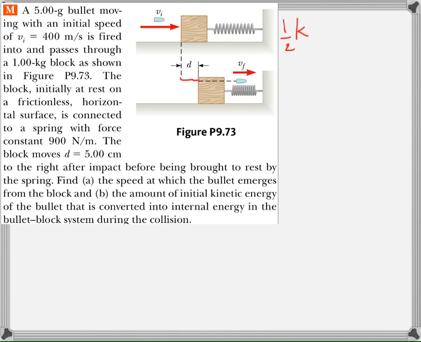I can easily write 1/2 k d squared as the energy stored in the spring. And this must be equal to what? Because I know the energy is conserved, there is no friction between the block and the surface. So the initial kinetic energy must be converted to this potential energy of the spring.